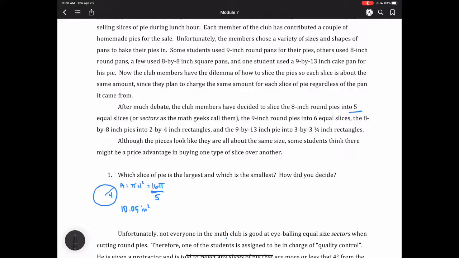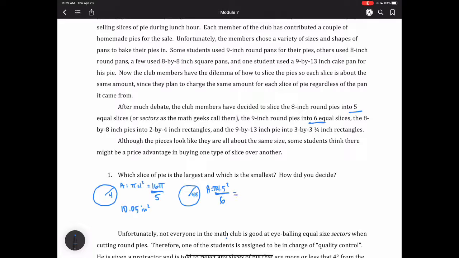All right, now we need to just continue on doing this for the next couple of pies. So we've got the 9-inch pie next, whose radius is 4.5 inches, okay? So the area is pi times 4.5 squared, which I don't know exactly what that is, but I do know that I'm going to divide it into 6 equal slices, so I'm actually just going to go ahead and plug that right in there already, okay?